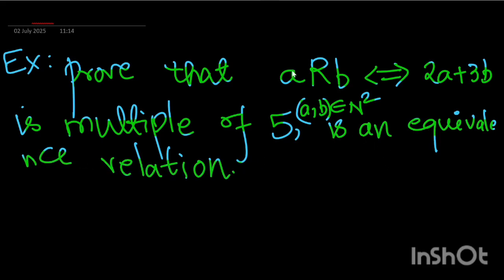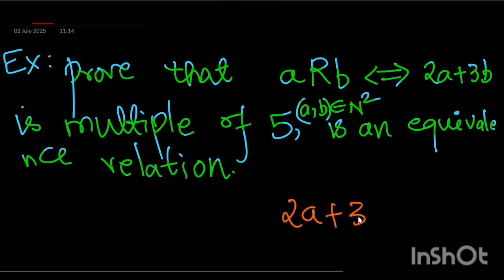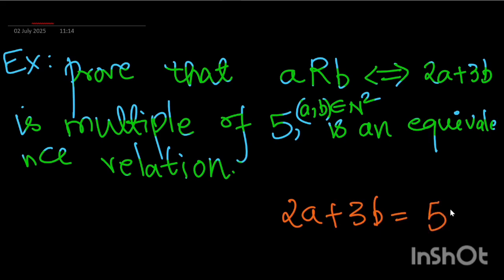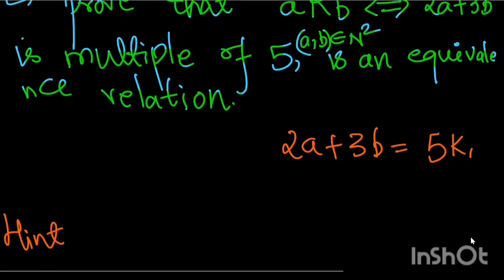Means 2a plus 3b is a multiple of 5, where k1 is some other natural number. That is the meaning of this. So we have to prove that this is an equivalence relation.